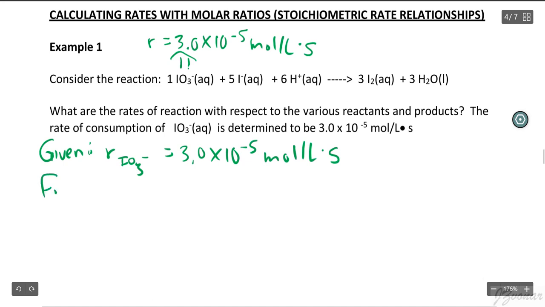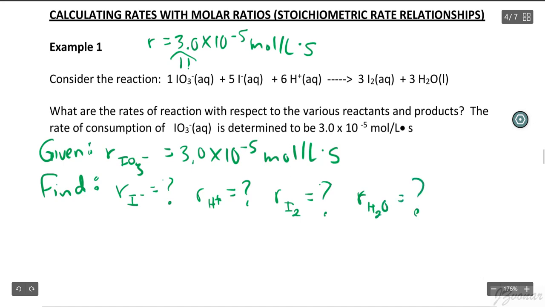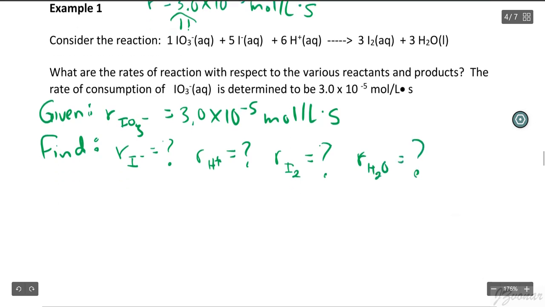We wish to find the rate of the iodide ion, the rate of the hydrogen ion, the rate of iodine, and the rate of H2O. We want to look at all of them.